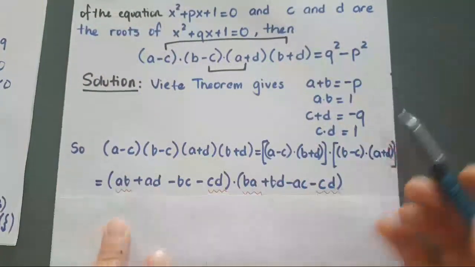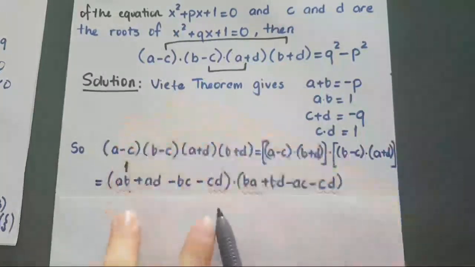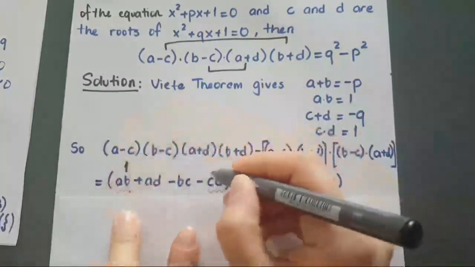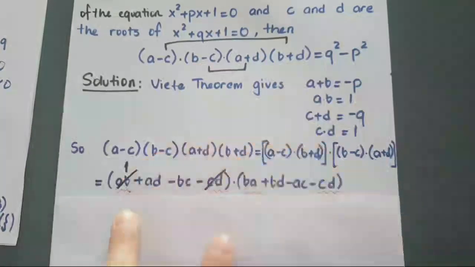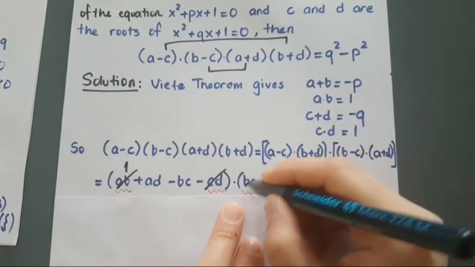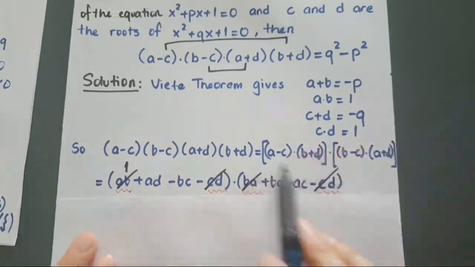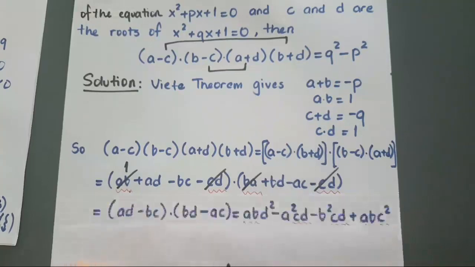From the theorem, we know that AB is 1 and CD is 1. So here we have 1 and minus 1, which means I can deduct them. Here we have again 1 and minus 1, we deduct them. So what is left? This product is equal to AD minus BC times BD minus AC.